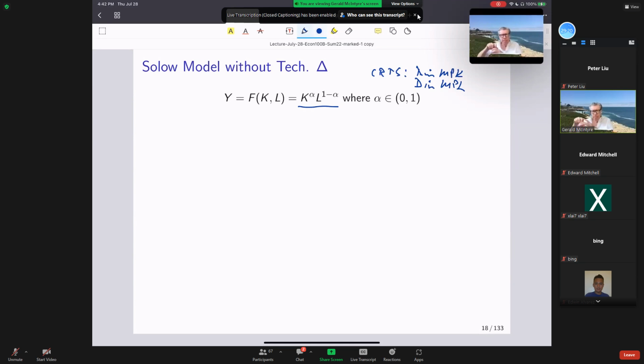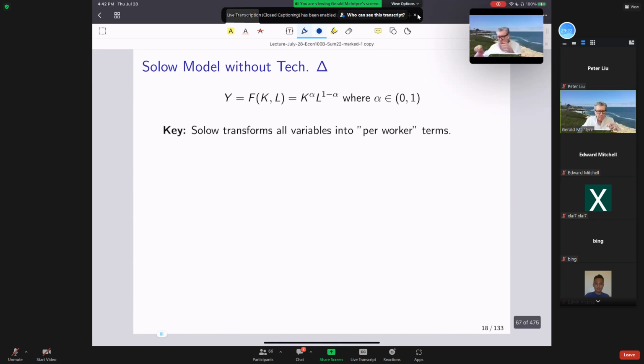So first, and this is a key step in the Solow model, what Solow does straight away is transform all of the variables into per worker terms. Workers are L, and per means dividing. In this entire model, it's not something you would necessarily do, but recall Robert Solow is a genius.